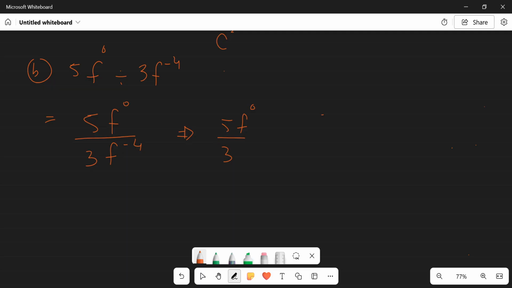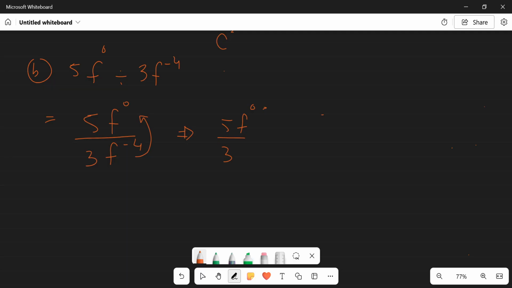Because it is going from the denominator to the numerator, we change the sign.